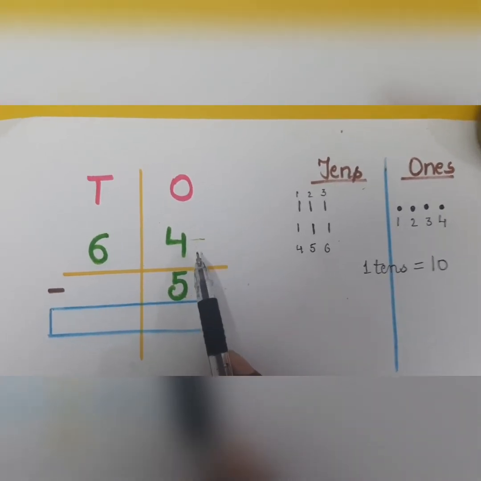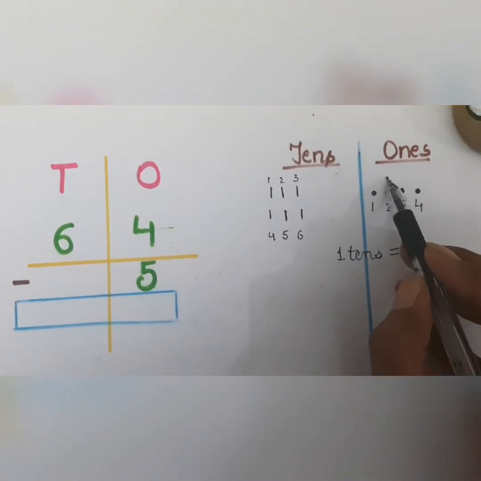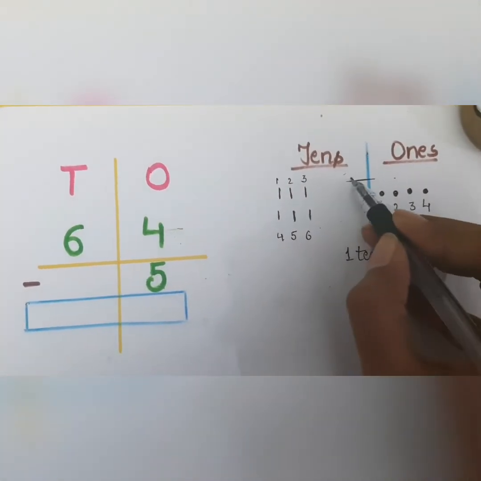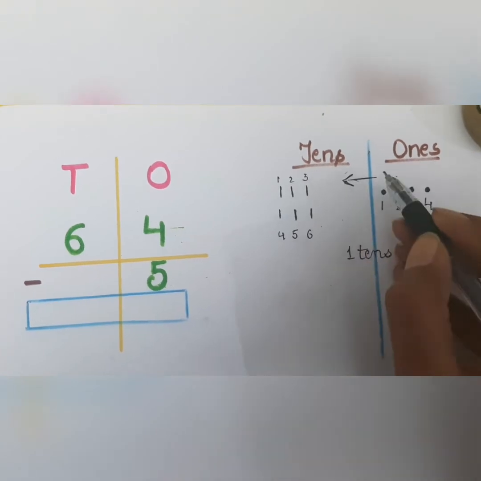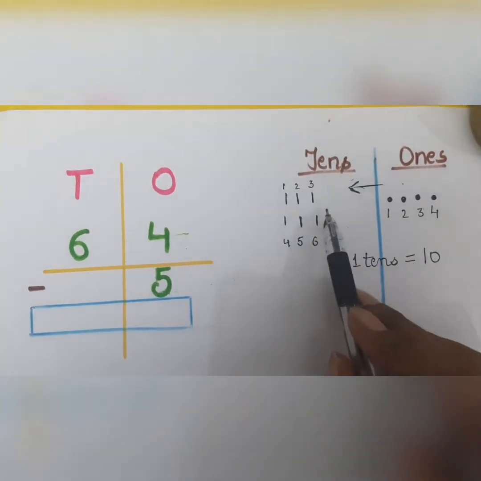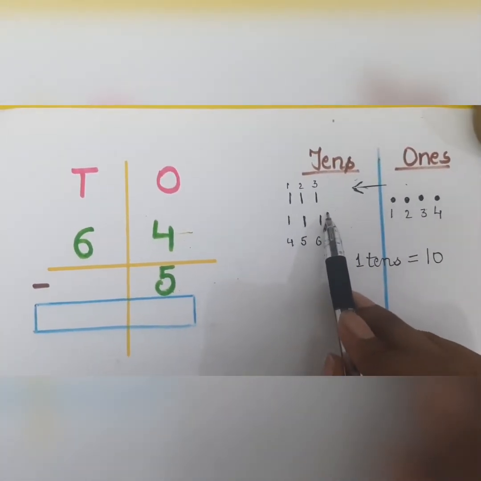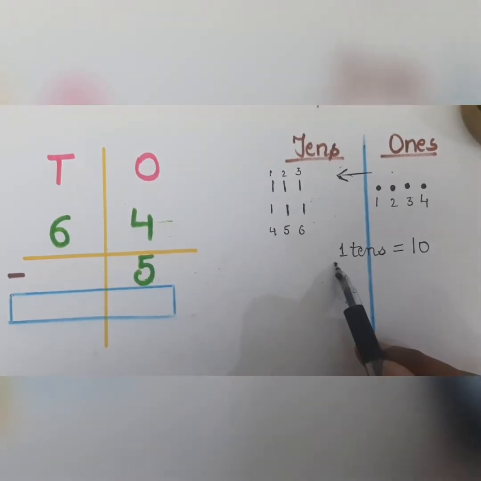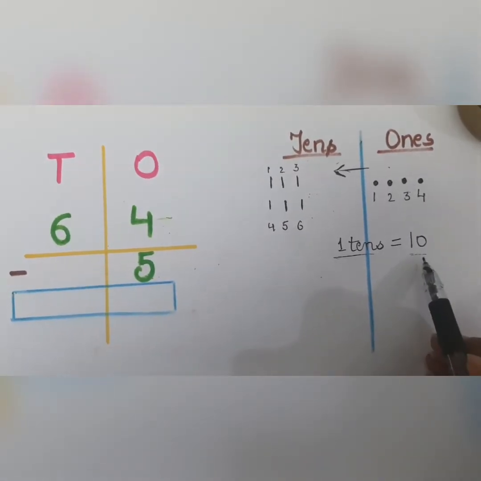So what will we do? We will ask ones to take a borrow from his friend tens. I have written here 1 tens is equal to 10.